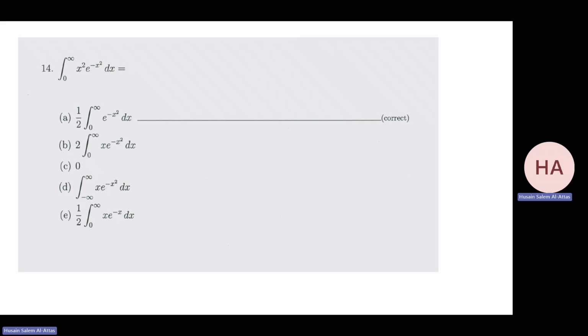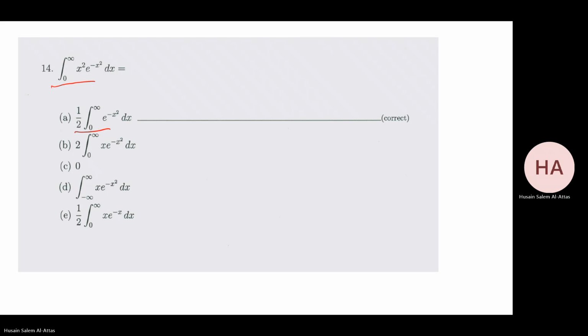Now let me do this one. This one is the integral of x squared. How to do that? I want to change this integral into this integral.